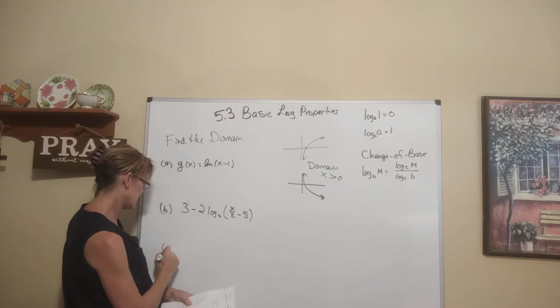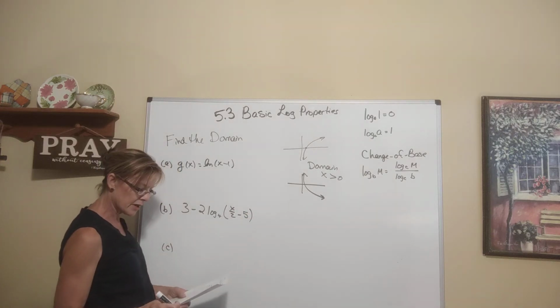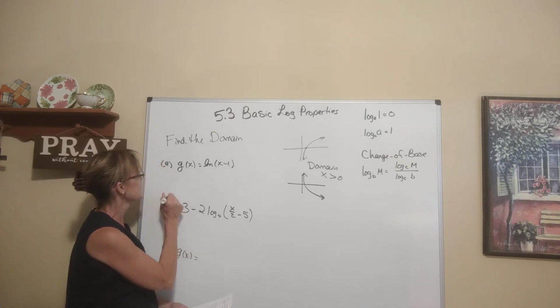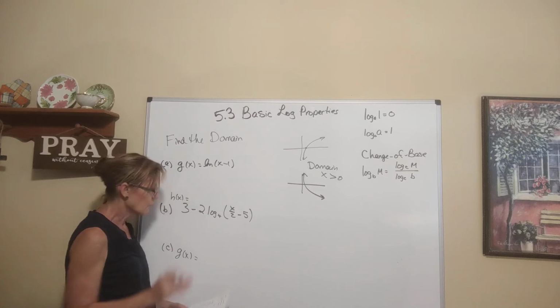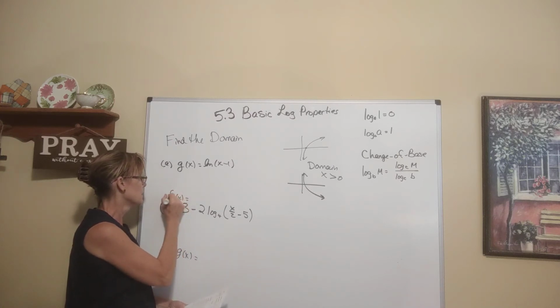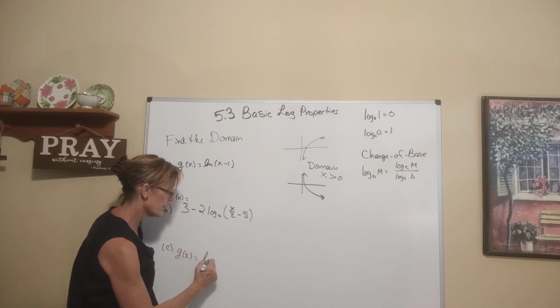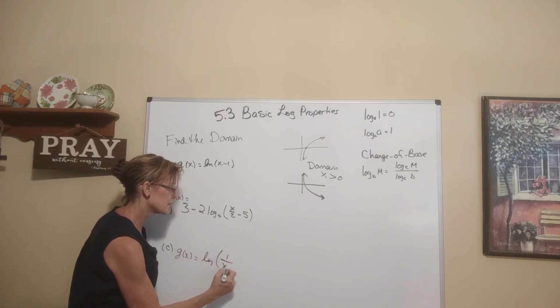Okay, and then C, we want to find it for, let me give this guy h of x. Let's give him a name. Was it f of x? Okay. And then the last one, g of x is equal to the natural log of 1 over x minus 5.